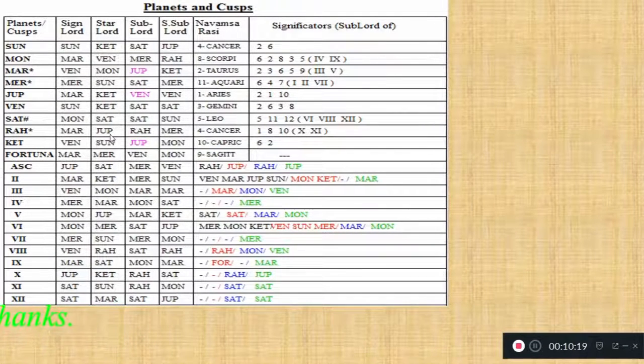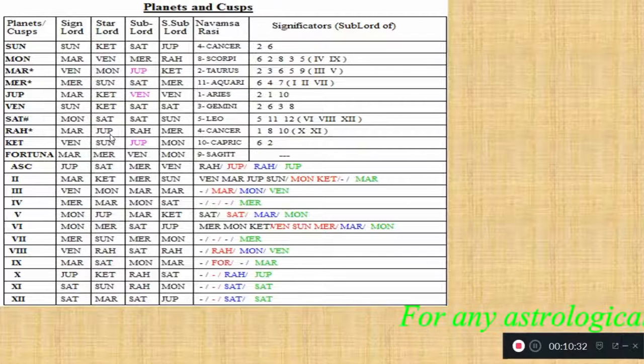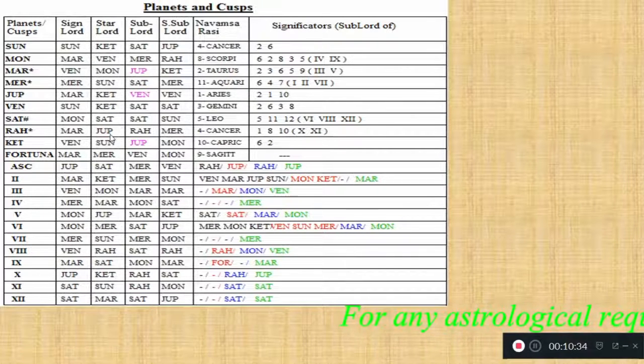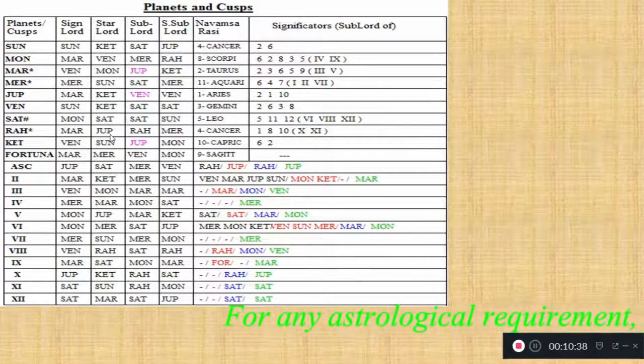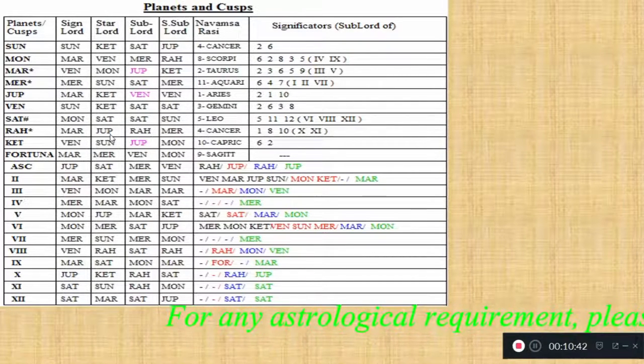So here the 11th house is strongly signified by Jupiter. Saturn, Sun, and Moon are the influencing planets of Jupiter. So Jupiter also signifies the 11th house.